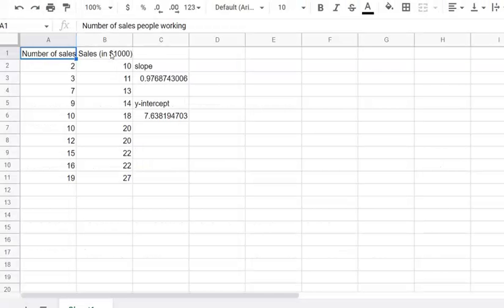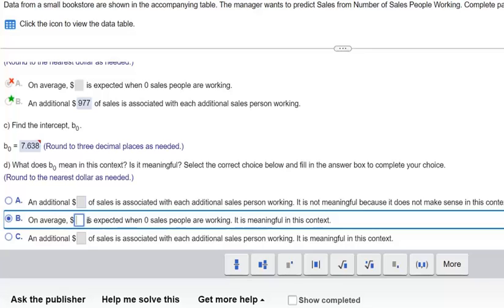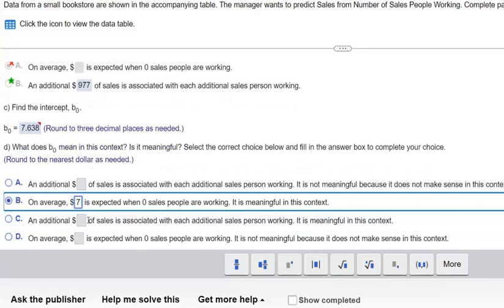So the y-intercept is telling us how much money we're bringing in sales when x is 0, when there's 0 salespeople working. It's in thousands too, right? So 7,000. What? That can't be that high, right? Yeah, I guess that's it. $7,638 in sales is expected when 0 salespeople are working.